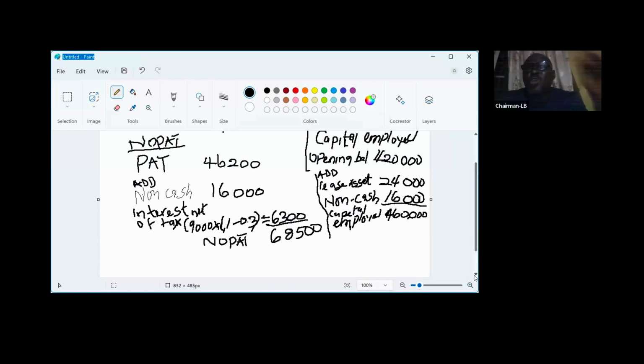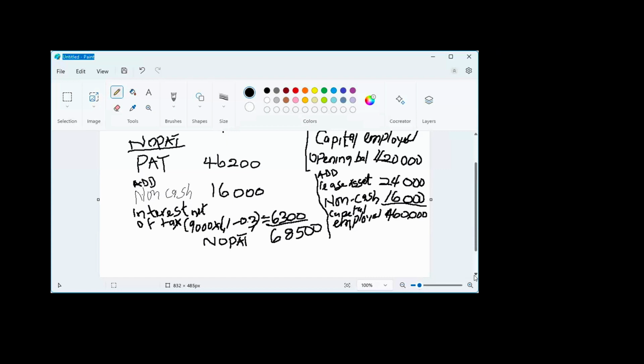You are now using your property for business. As an accountant, you are going to assume you have rented that property. You are going to put rent expense in your book. That expense will reduce your profits.